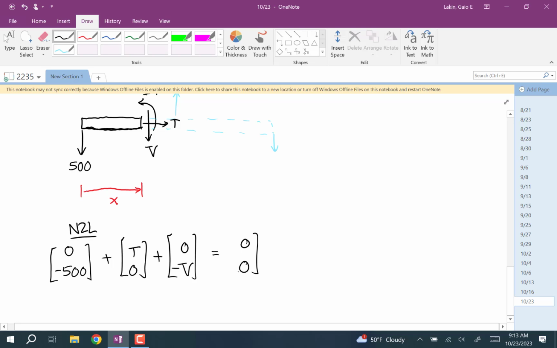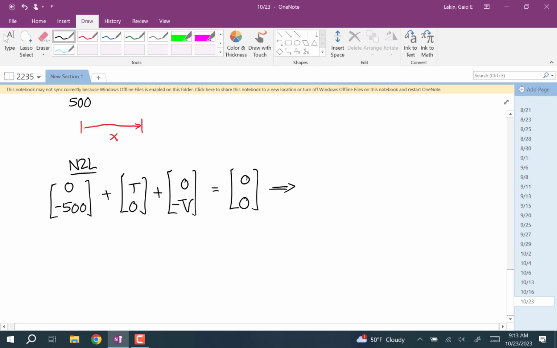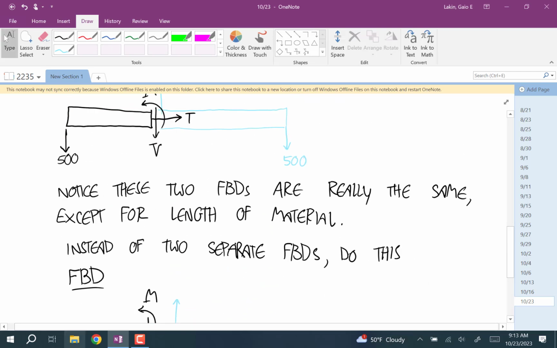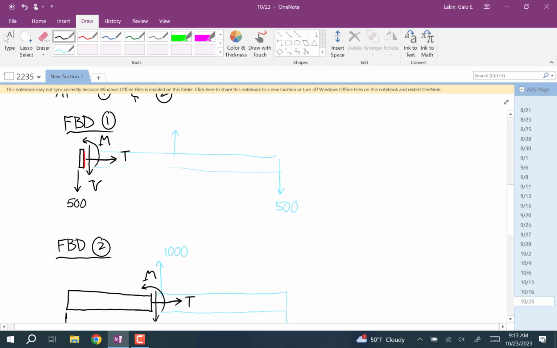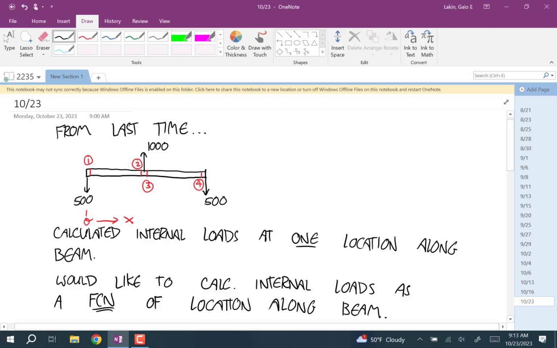It's in static equilibrium, so that's all equal to 0. And so from this, we can see that T is equal to 0 and V is equal to negative 500. And those loads are totally independent of the length of material you're considering, from just past the left end to just before the first load. Okay?